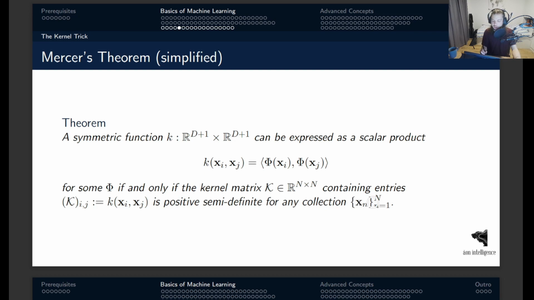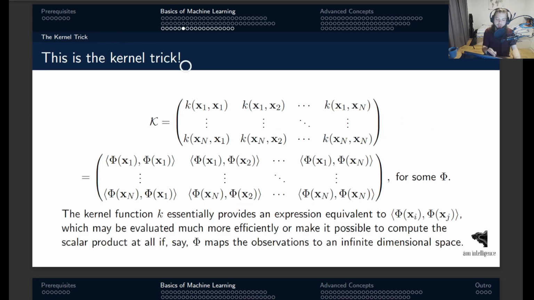So again, for any collection of observations we may have available, we will construct these evaluations of the kernel function, and these will then be the entries of our kernel matrix k. And if for any collection xn, this kernel matrix turns out to be positive semi-definite, then we have that these kernel entries are equal to some inner product of some feature mapped observations. And this is actually the kernel trick.